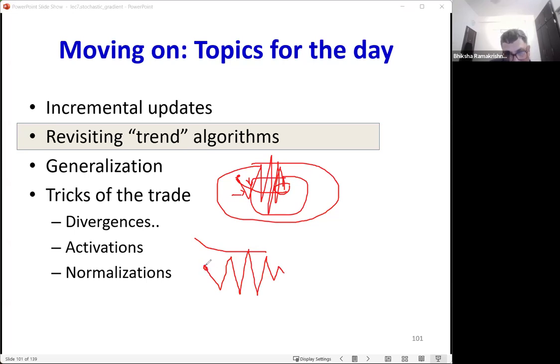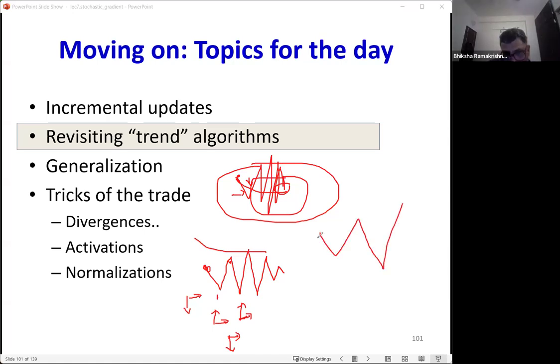What we do is we observe that at each point, you have a horizontal component to the gradient and a vertical component to the gradient. Over here, the horizontal component of the gradient is forward, but the vertical component is asking me to go down.